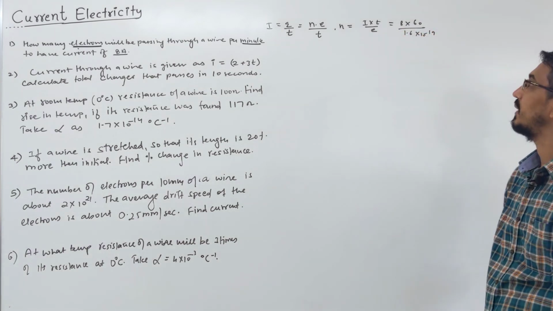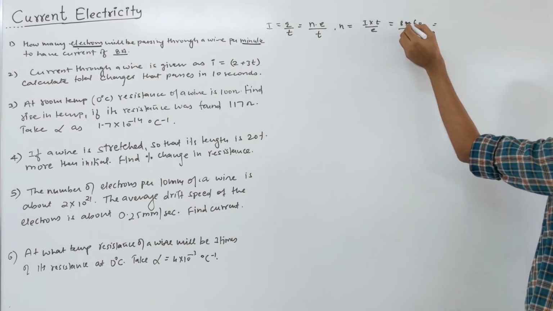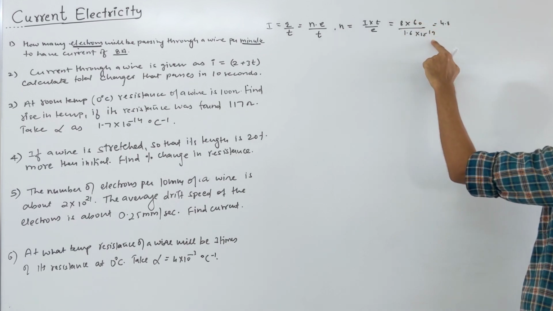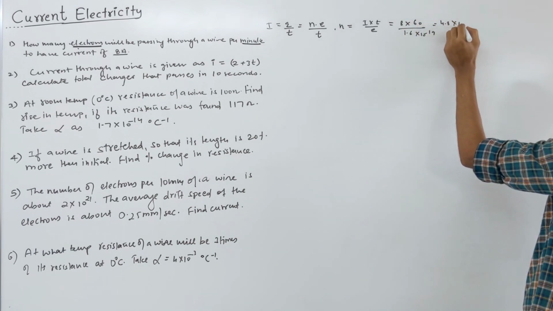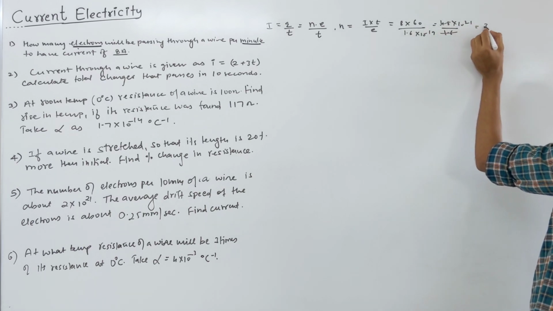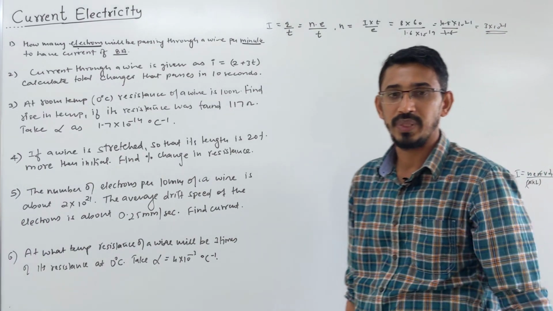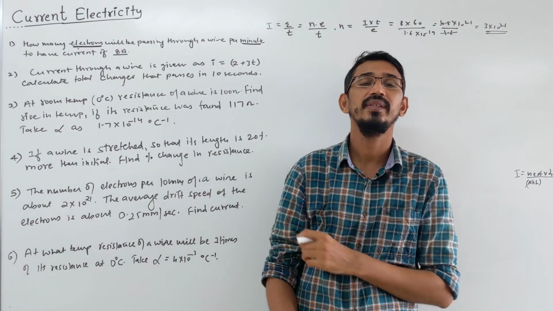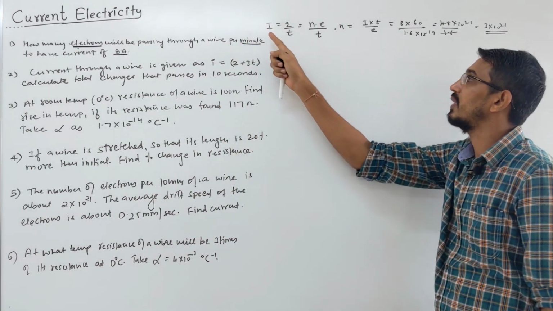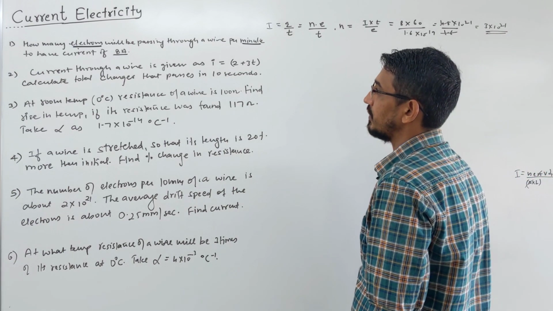This becomes 480, so 4.8 into 10 power 2 minus 19 goes up as plus 19, 10 power 21 by 1.6, which gives 3 into 10 power 21. This is the number of electrons that should pass through the wire to produce that much current. Basically, current is the rate of flow of charge.